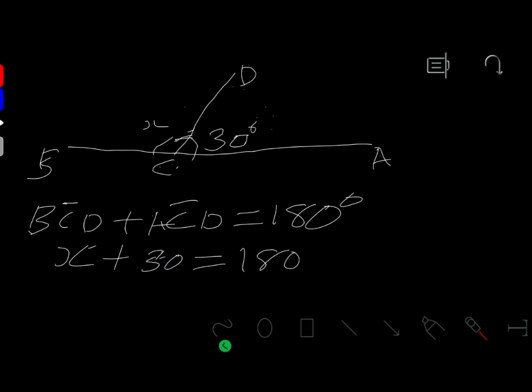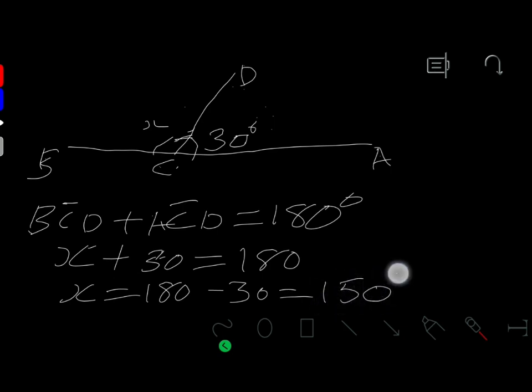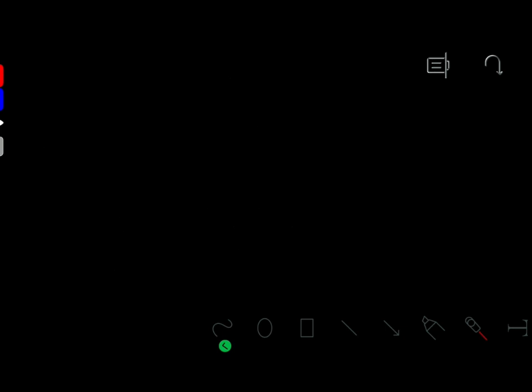Then if you make X the subject, you have that X equals 180 minus 30. What is 180 minus 30? This is 150. So we'll have 150 as the unknown angle. I hope you understand. So this is for when you have a straight line with just one intersection. We'll look at other cases shortly.